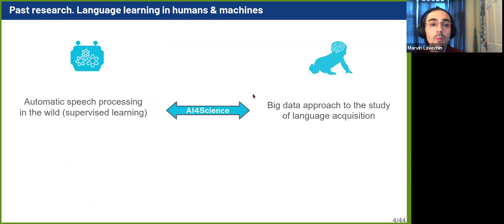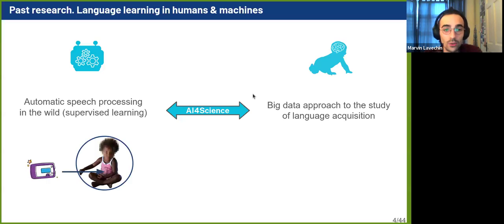More specifically, part of my research was dedicated to building automatic speech processing models using supervised learning methods. As you know, with these models, we can analyze massive quantities of data to study language acquisition. To develop these models, I used big databases of child-centered recordings.